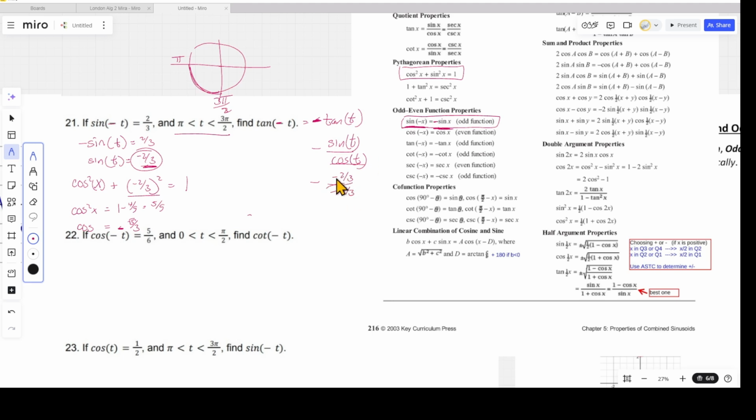I could cancel those negatives and then flip and multiply. Those 3's cancel, you get negative 2 over root 5. I'm sure you're supposed to rationalize that. So negative 2 root 5 over 5 is the final answer for tan negative t.